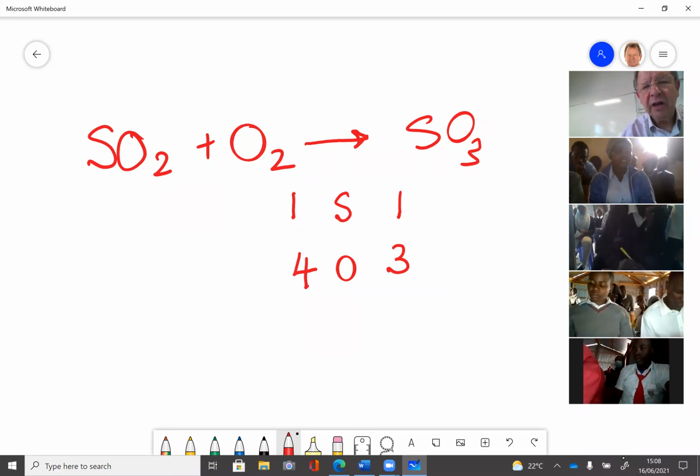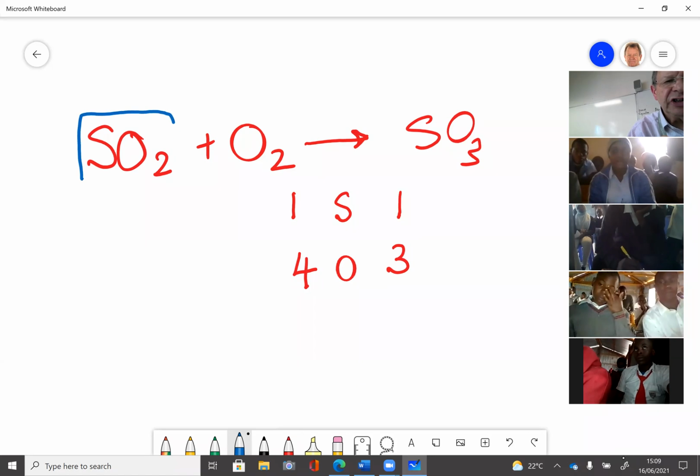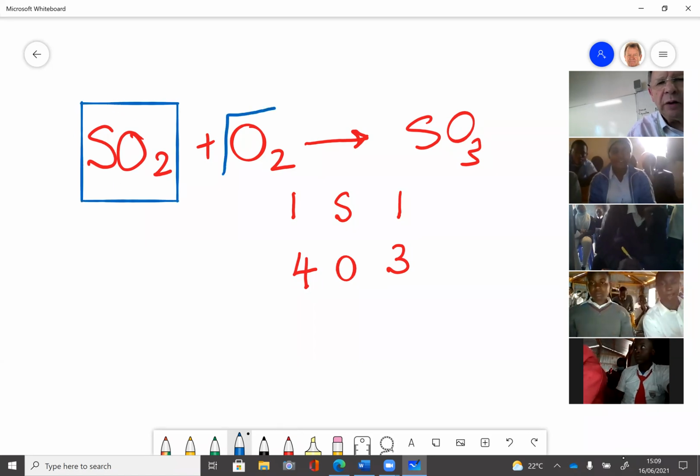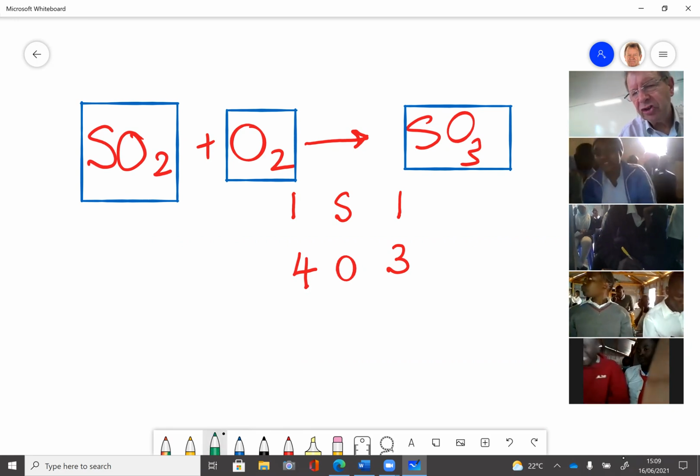So what I do, I say, okay, I need more over here. So what I do is I say, okay, I put them in boxes so I can have more than one box, but I cannot change what is in the box. Okay, I can't change what is inside the box. So let us start. So I have not enough oxygens here.